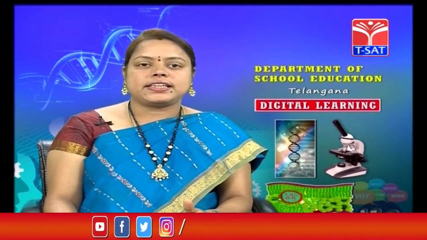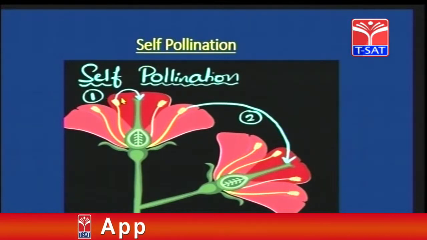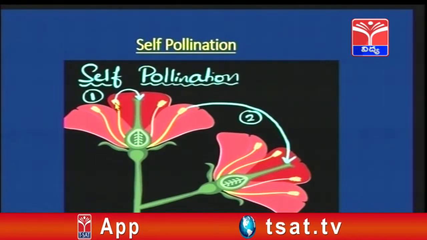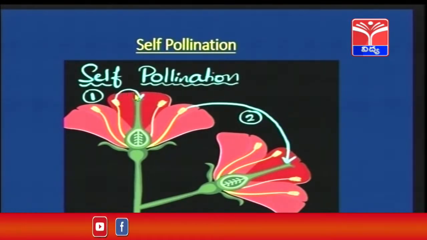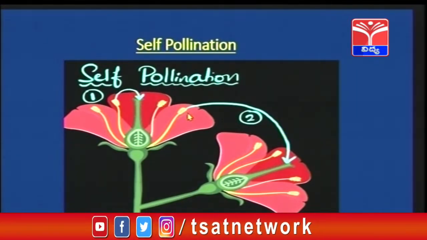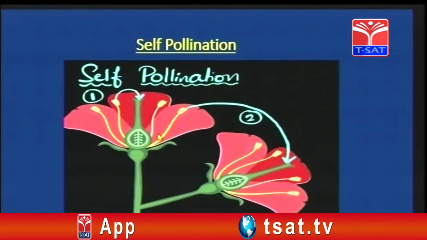Now, let us see what is self-pollination. So, self-pollination, this is the part where the pollen grains are present. We call it as anthers, and from anthers, the pollen grains are transferred to the stigma. And when you see this part, the anthers which consist of the pollen grains, they are transferred from one flower to another flower. So, what is that we can observe here, children?